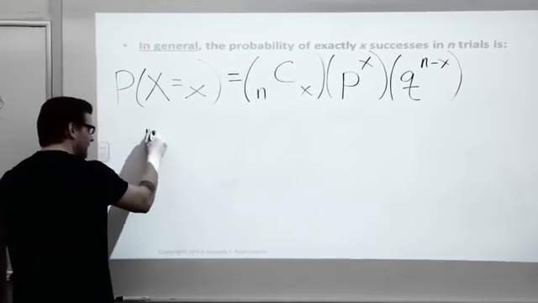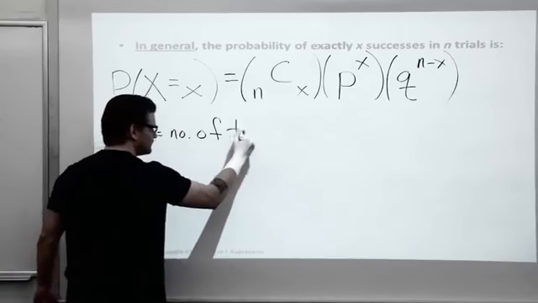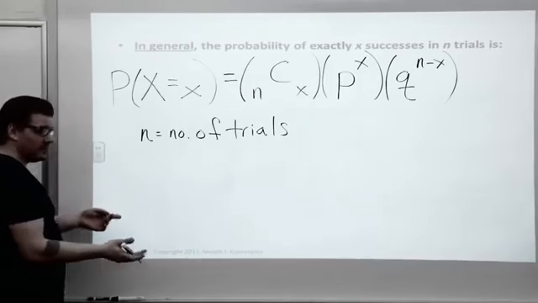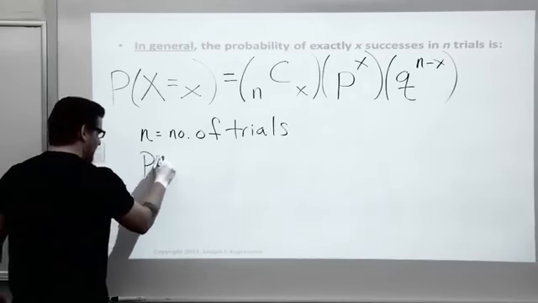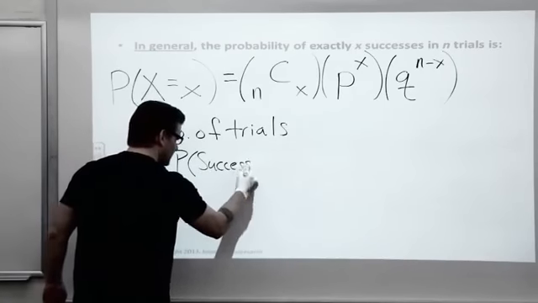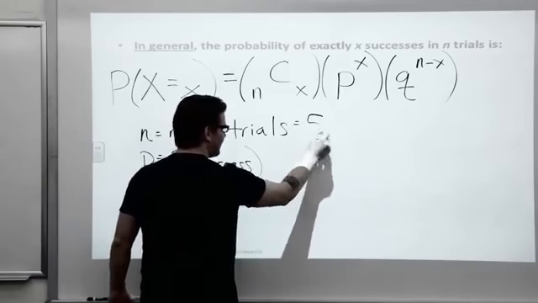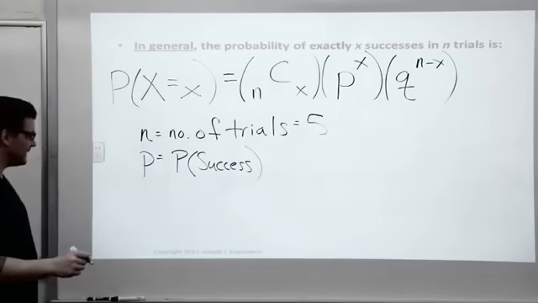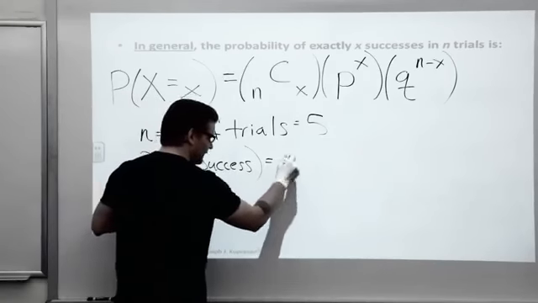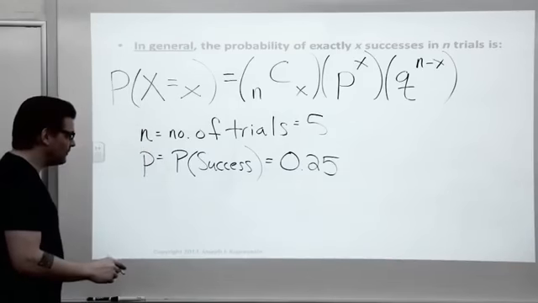So what do all these letters mean? N is the number of trials. So in the parking lot example, that would be 5. p is the probability of success. And I'll put the numbers here too. So for this example, we have 5 trials, right? 5 days each week. p is the probability of success. So we said there's a 25% chance of getting a spot down below.